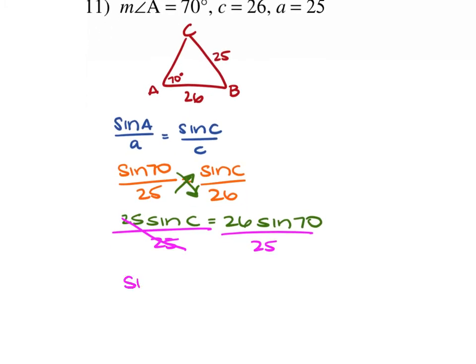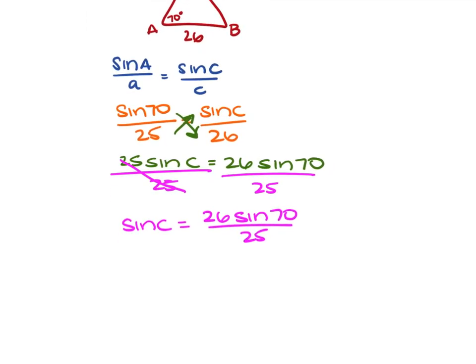So you're going to have sine C is equal to 26 sine 70 over 25. To find what C is, take the inverse of that. If we simplify first, 26 sine 70 divided by 25, we get 0.977. That's okay to do. So take the inverse of this.